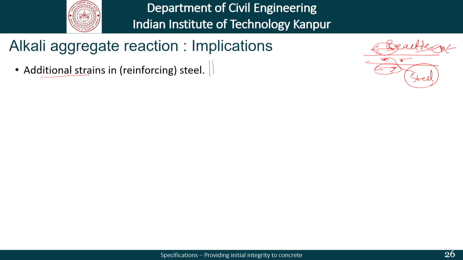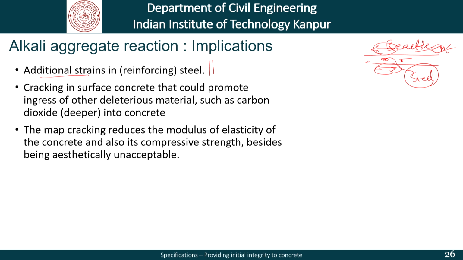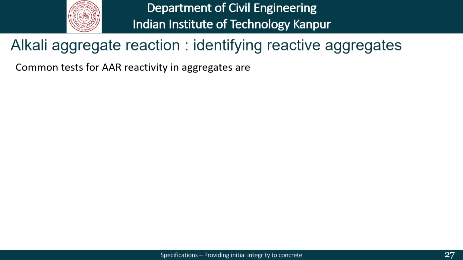So, that is what we are talking about when we say additional tensile strains in reinforcing steel on account of alkali aggregate reaction. It leads to cracking in surface concrete that could promote ingress of other deleterious materials such as carbon dioxide deeper into concrete, map cracking that reduces the modulus of elasticity of concrete, and also its compressive strength, besides being aesthetically unacceptable.